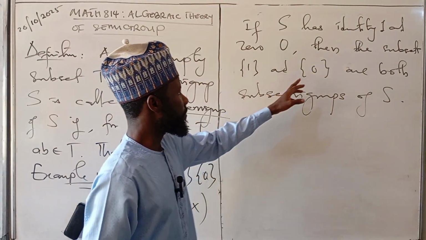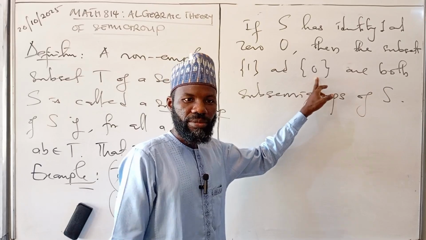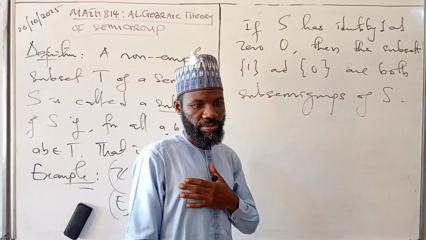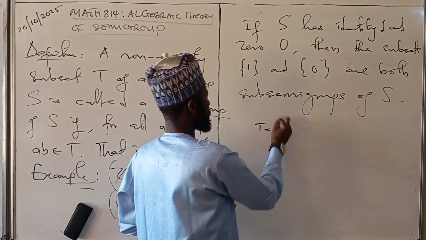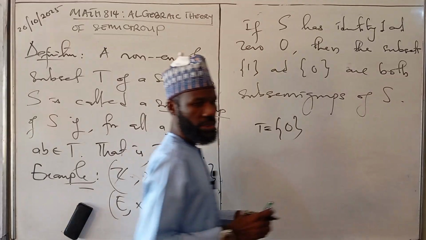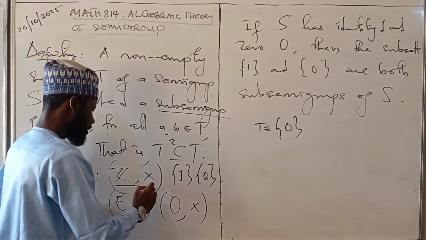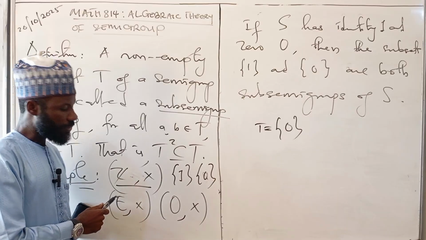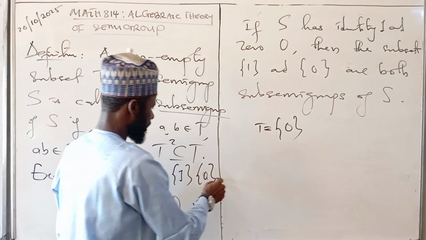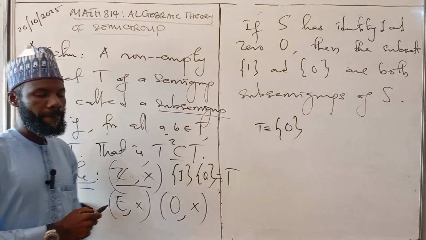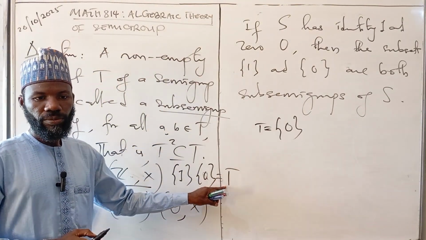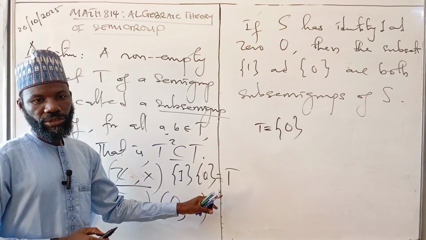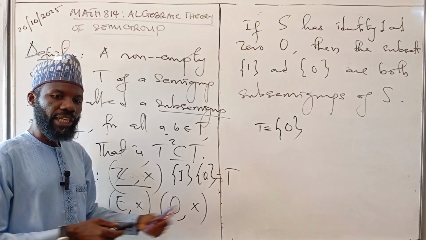When you regard the singleton zero as a subsemigroup, the element zero is no longer the zero of that subsemigroup. If one asks you what is the zero element of the semigroup of integers, it is the number zero. Now if I take that number zero and see T as my subsemigroup, is T now a semigroup with zero?